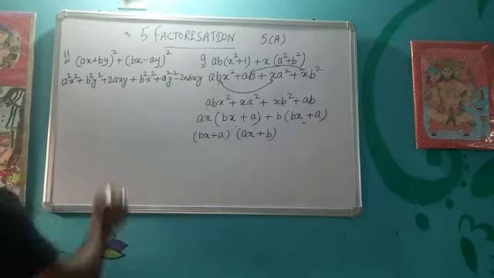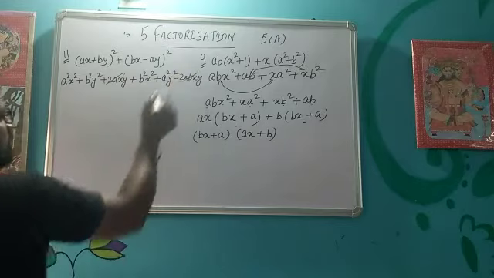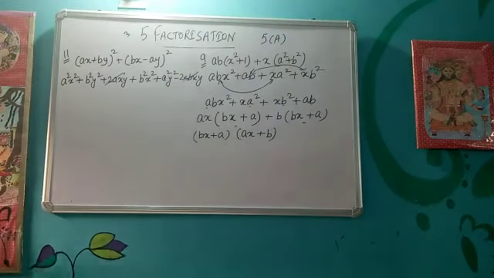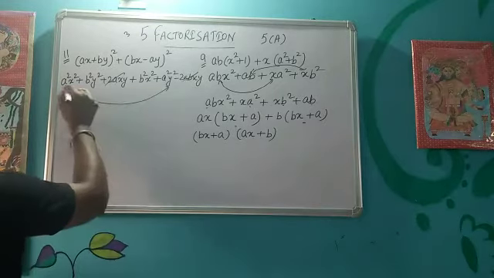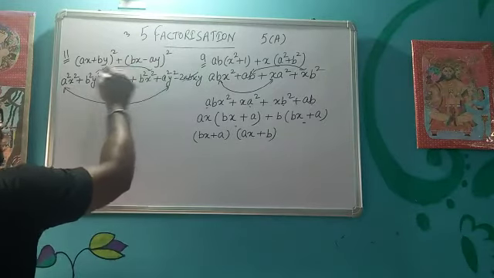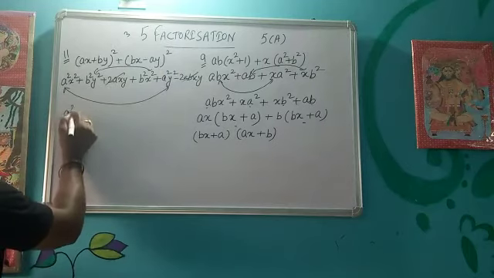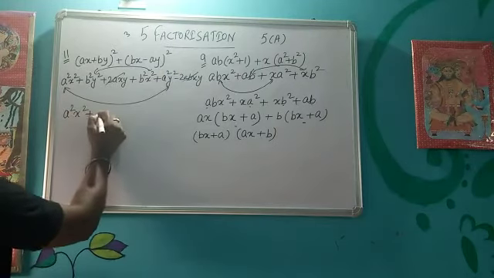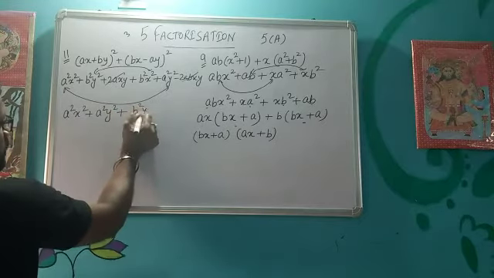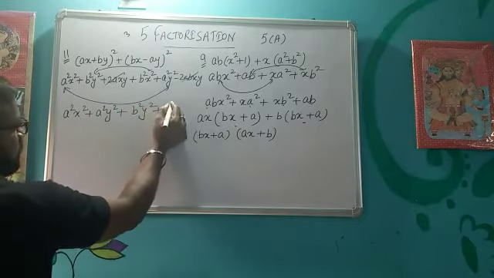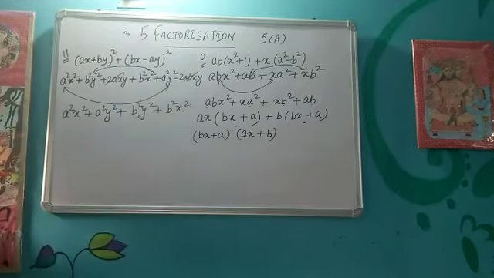See, these two will cancel. Now I will form the group of a square and a square, and b square and b square. So let's write these terms together first: b square y square plus b square x square.